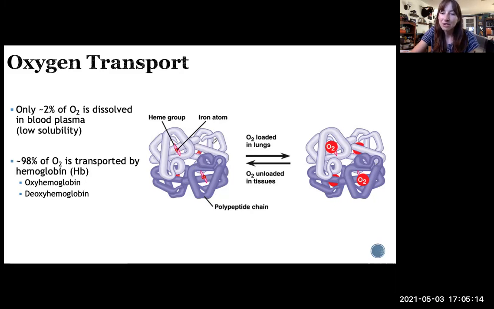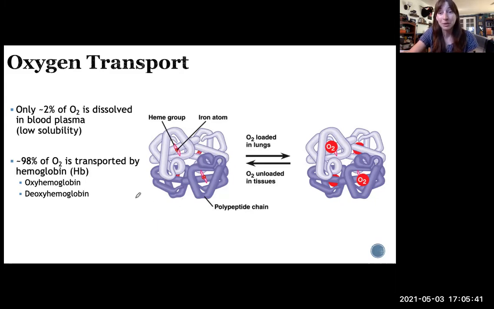Back in part A, we talked about the quaternary structure of some proteins, and hemoglobin is a common example of that. So recall, hemoglobin has four proteins stuck together. It has quaternary structure. It has iron atoms, which help to bind the oxygen for some reason that I don't know. That's chemistry beyond my current understanding.